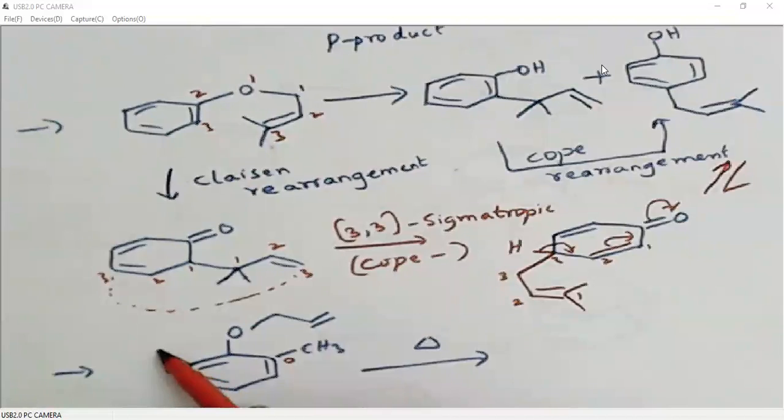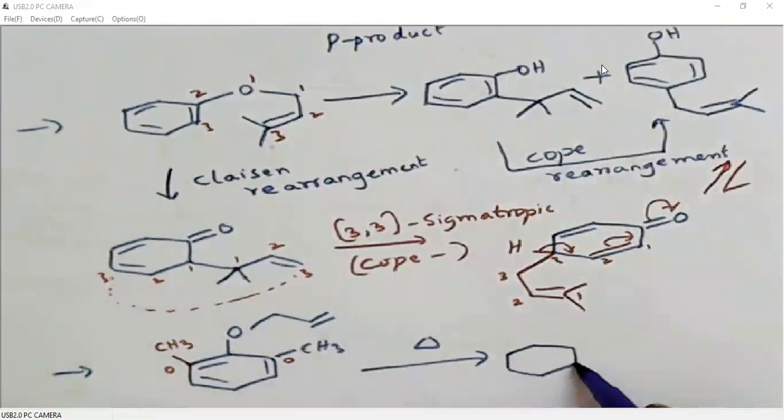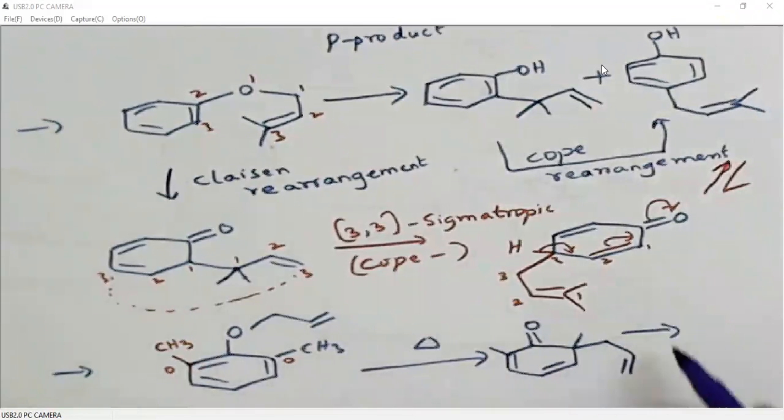But if both the ortho carbons are substituted, then only this rearrangement will lead to the para product. So first it will undergo Claisen rearrangement to the ortho position. Then it undergoes Cope rearrangement to the para position. Okay, it doesn't mean that if it is occupied, it will not undergo Claisen rearrangement.